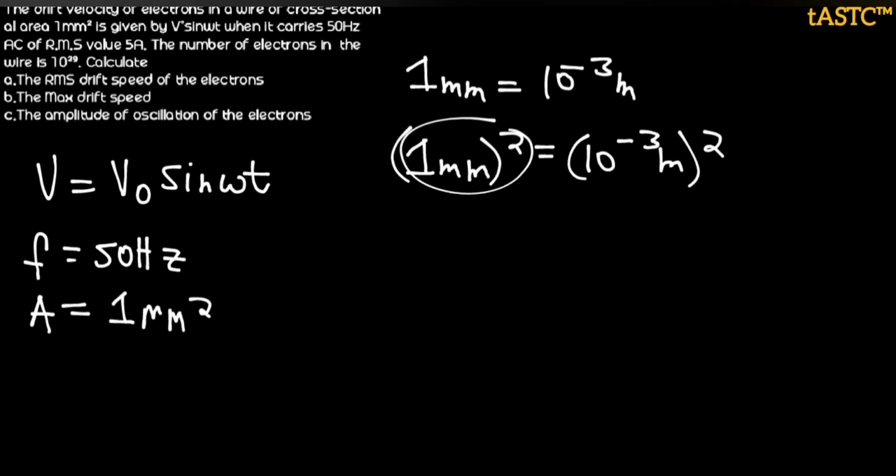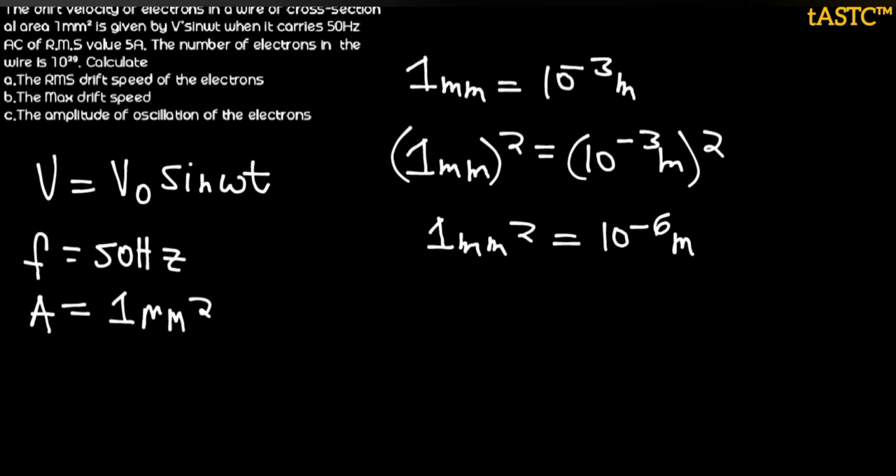Now on this side we're going to have a 1. 1 squared is a 1, and then this is going to be millimeter squared. On the right hand side we should have 10 to the negative 6 meter squared. So 1 millimeter squared is the same thing as 10 to the negative 6 meter squared.